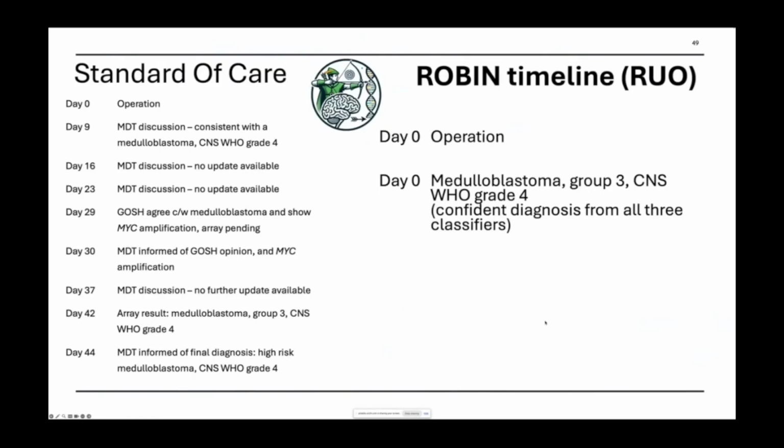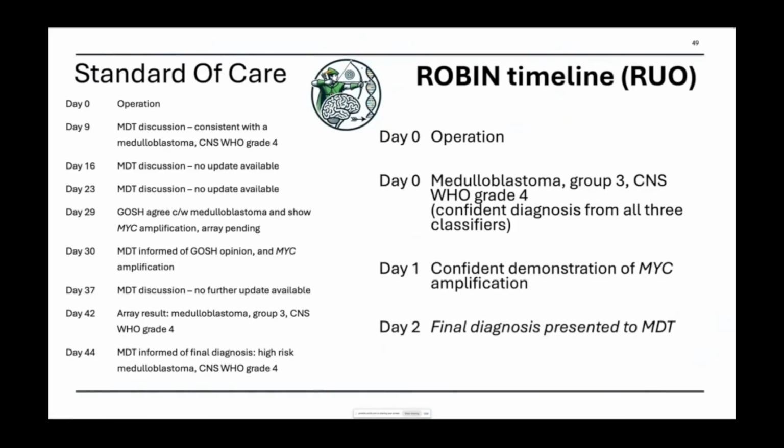And the following day, we had knowledge of the MYC amplification, and that could have been presented to the MDT, which, as it happened, was on the second day relative to the operation. Had we been able to do that, we would have been able to get that result 43 days, give or take, before the standard of care timeline. So this can be absolutely transformative for these patients.